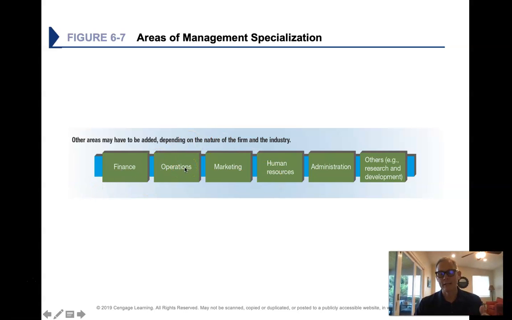Operations, that's typically the COO at the C-suite, the chief operating officer. Those are the people responsible for the daily operations of the organization, whether it's manufacturing or sales or anything like that. The operations people are the ones doing the work that the company is focused on. Okay, if it's manufacturing, they're running the manufacturing plant.